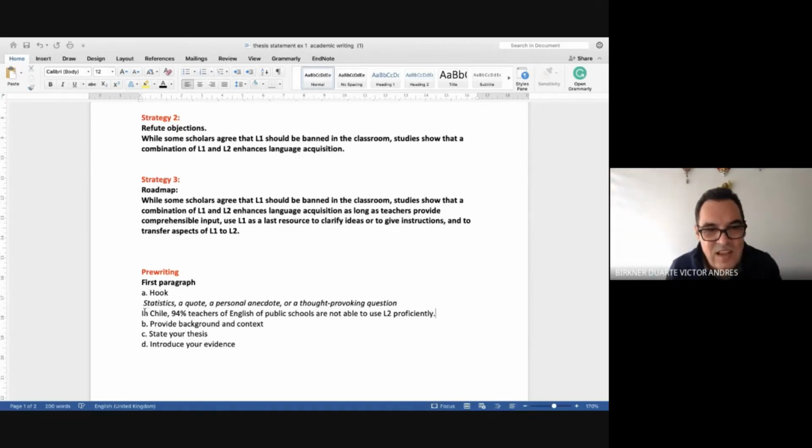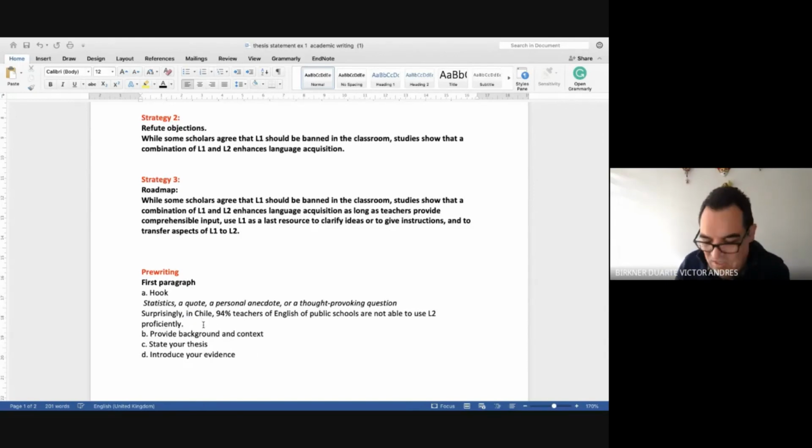And I would say surprisingly, that would be more interesting. Surprisingly, in Chile, 94% of teachers of English of public schools are not able to use L2 proficiently.